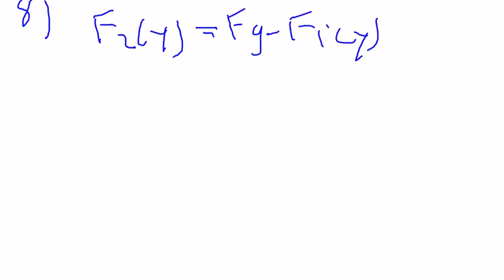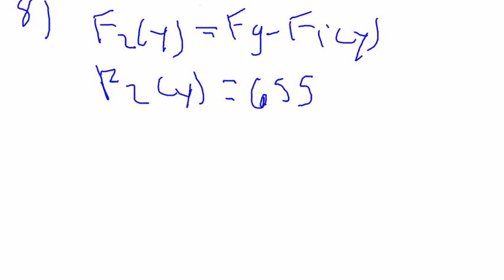Okay, now we do it for the other side, since we have the other side of the triangle, because we're trying to find the whole big triangle, but we broke it in half. With this equation, F2 of y equals Fg, gravity, minus F1 of y. My weight is 656, so we use 656.